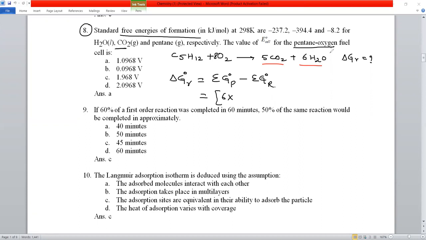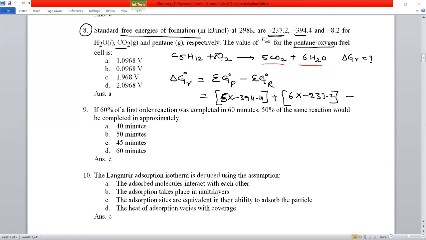Check here, students, CO2 value they have given is minus 394.4, and sorry, this is 5 moles only of carbon dioxide, not 6 moles. And 6 moles of water. Water value they have given is minus 237.2.